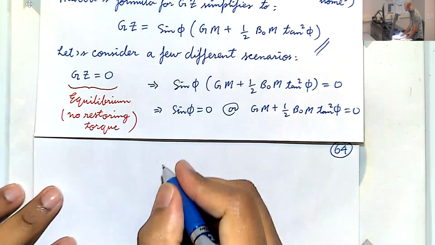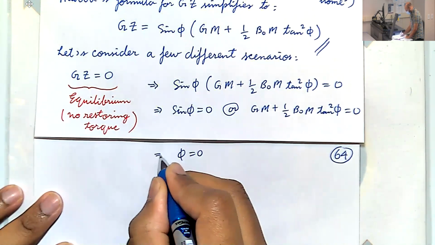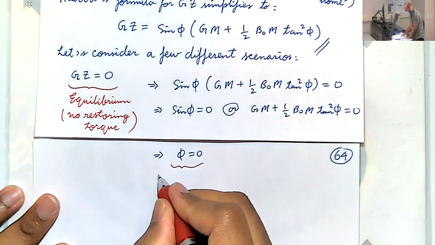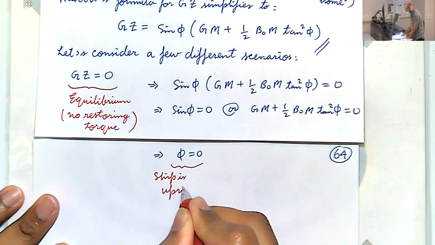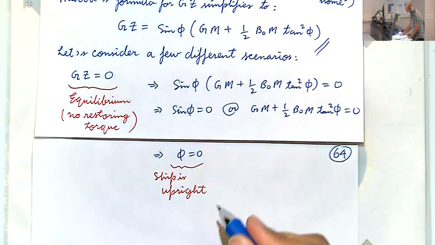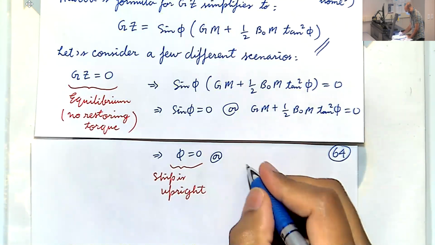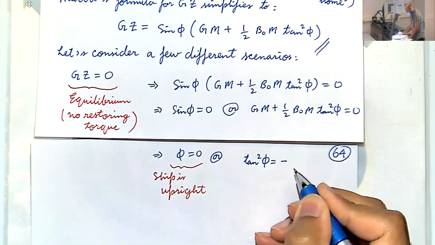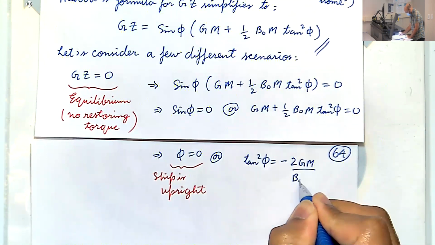Sine phi is 0 means phi is 0, and this is our trivial case where the ship is upright. But the other one gives rise to a weird scenario: tan squared phi is negative 2GM over B0M.